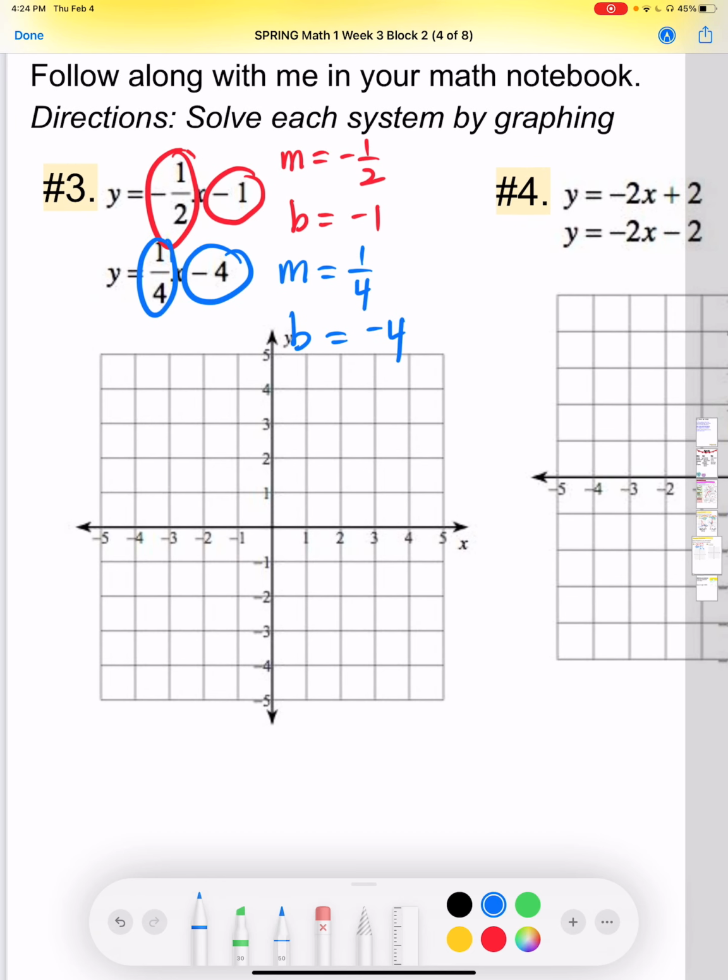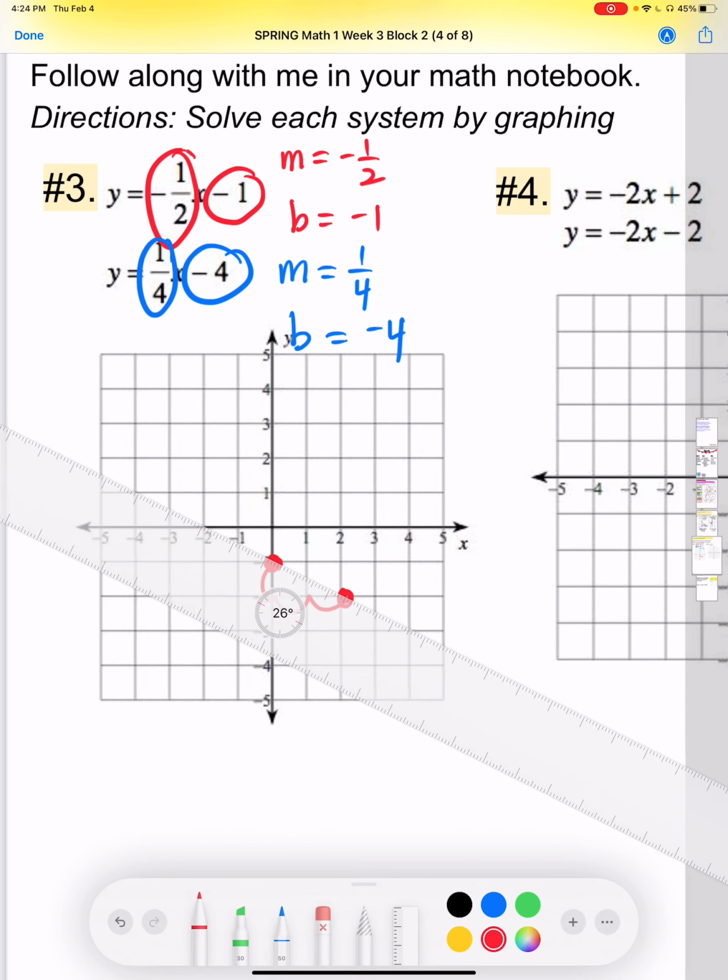For my first one, I'm starting off at my y-intercept, -1. Put a point there. Then I'm going to go down 1 and to the right 2, since my slope is -1/2. I have a new coordinate and then connect it. Make sure you're using a straight edge every single time.